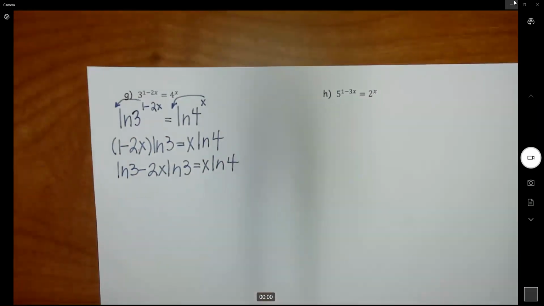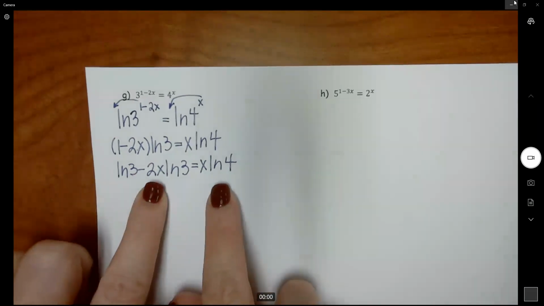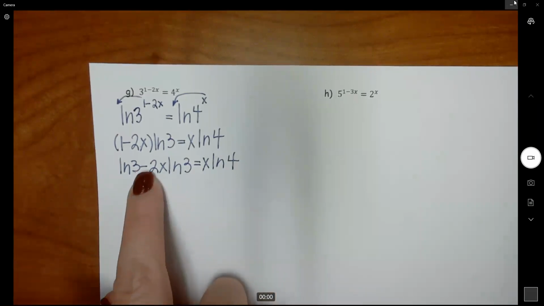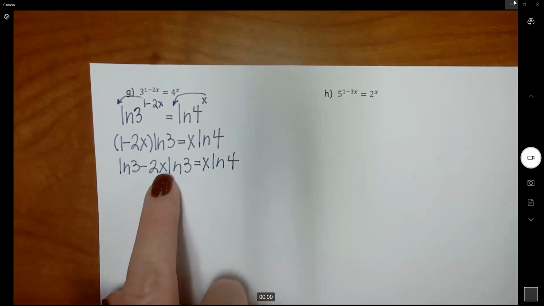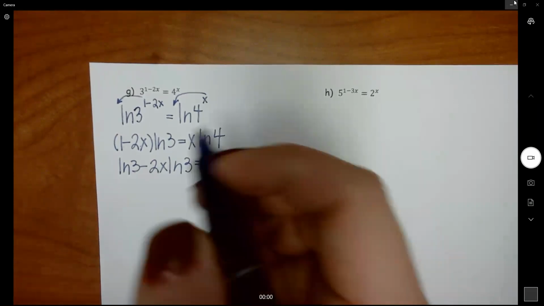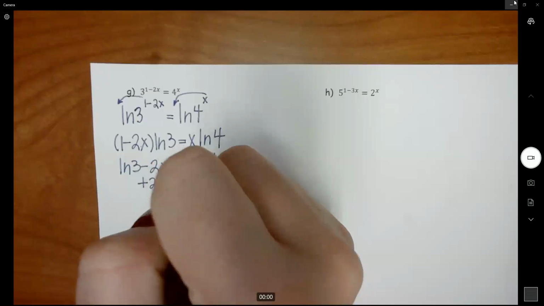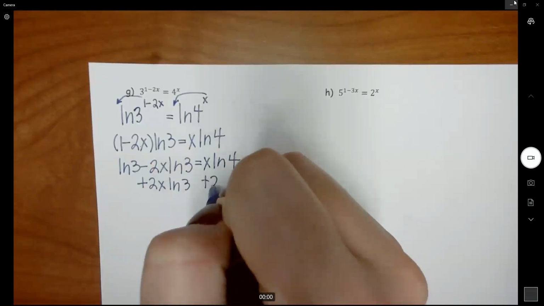Okay. So now I have x's on different sides of the equation. We need to get x on the same side. So what's the opposite of a minus 2? It's to add it. So we're going to add 2x natural log 3 to both sides.